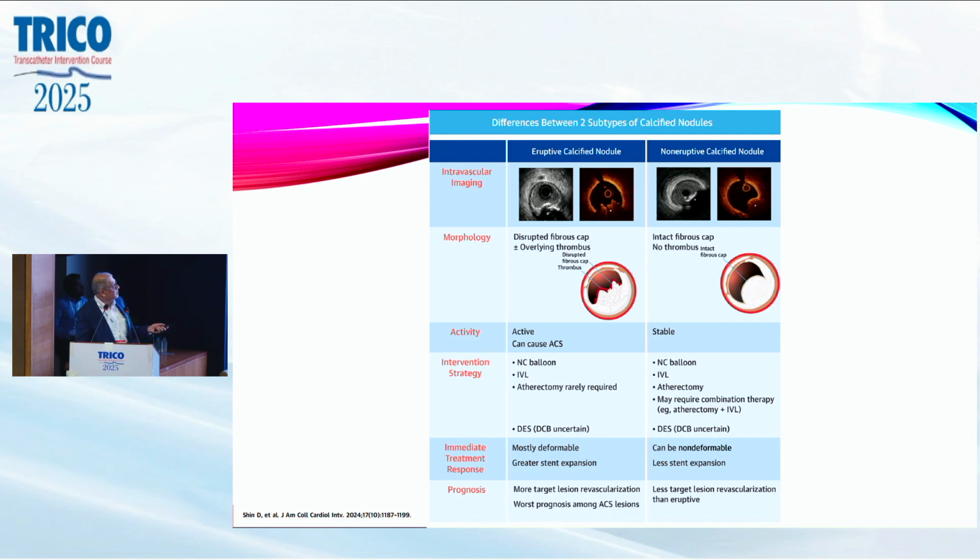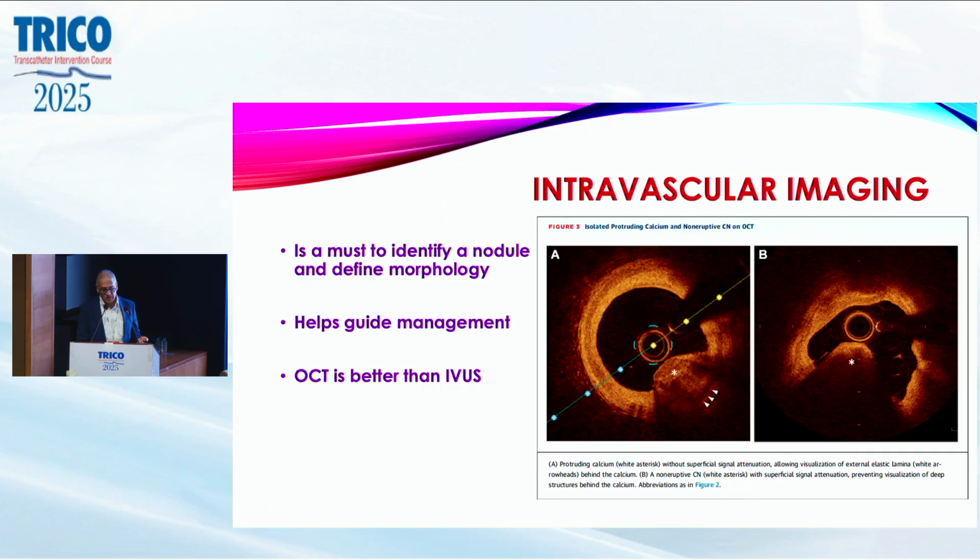The fundamental difference is that an eruptive calcific nodule has a disrupted fibrous cap with an overlying thrombus, whereas a non-eruptive calcific nodule has an intact fibrous cap and no thrombus. The non-eruptive nodules are stable, while the eruptive nodules are very active and cause acute coronary syndrome. Therefore, your approach has to be different.